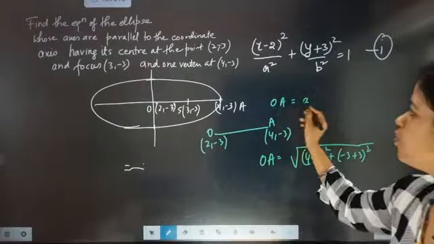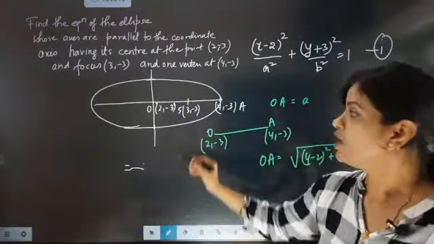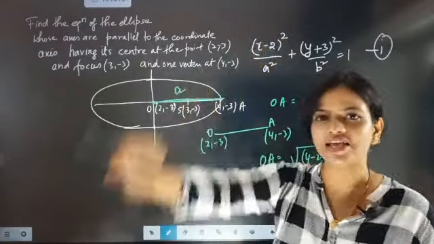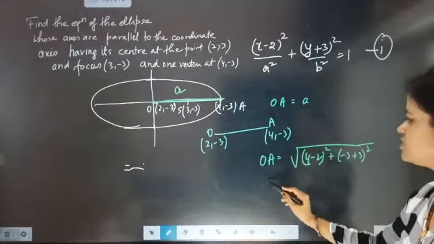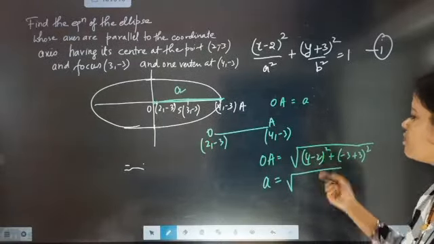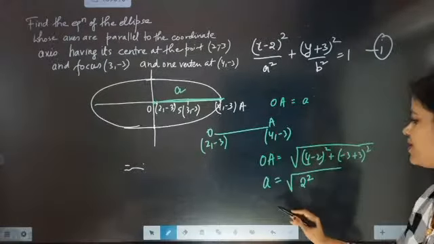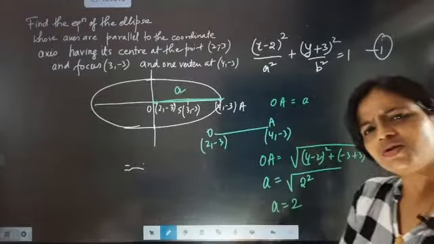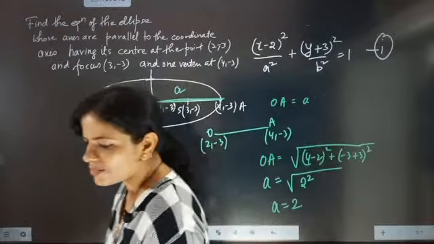And OA is equal to A. We know that from the center to the vertex, the distance is taken as A. So it comes as 4 minus 2, which is 2. A is coming as 2.